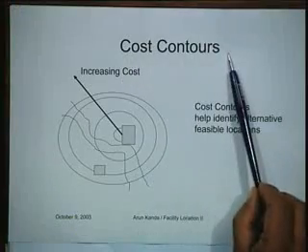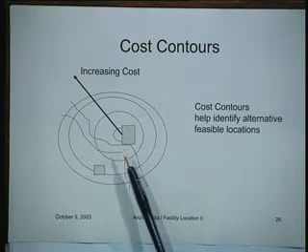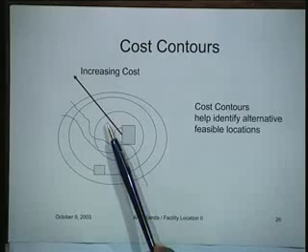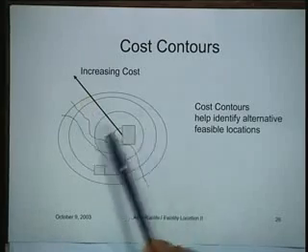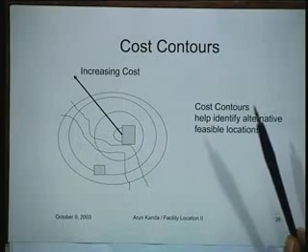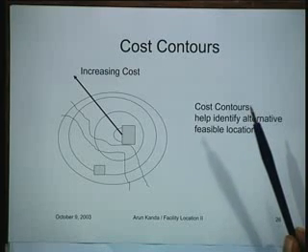So what is interesting is that we can build cost contours. These are lines of constant cost. So this is the minimum cost, optimum location. Cost increases by 5%, by 10%, by 15%, by 20%, whatever it is, and you have lines of constant cost. This will help you to choose an alternative location. These are very much like lines of constant height on a map.